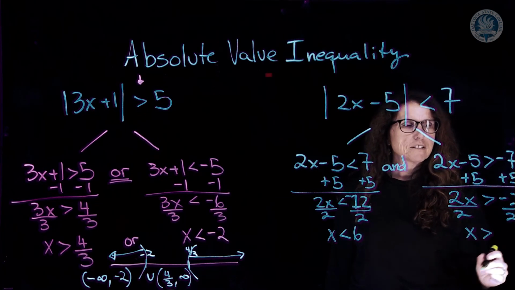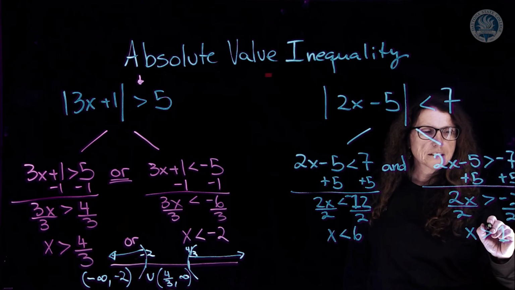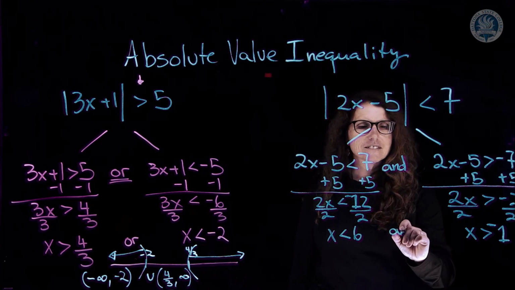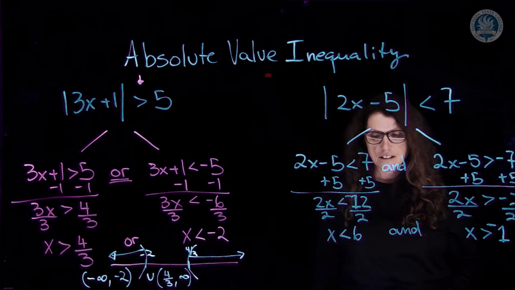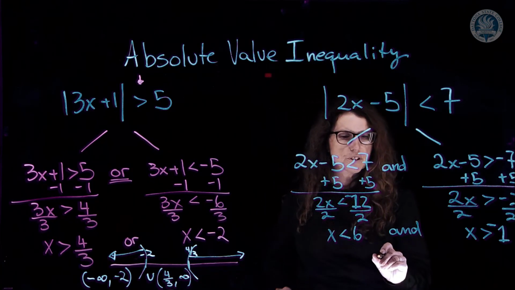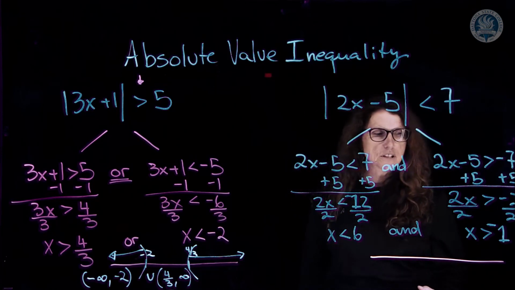X is greater than negative 2 divided by 2 would be a negative 1. So x is less than 6 and greater than negative 1. Usually we say the negative 1 first. The order is not that important as long as you have the correct number line.